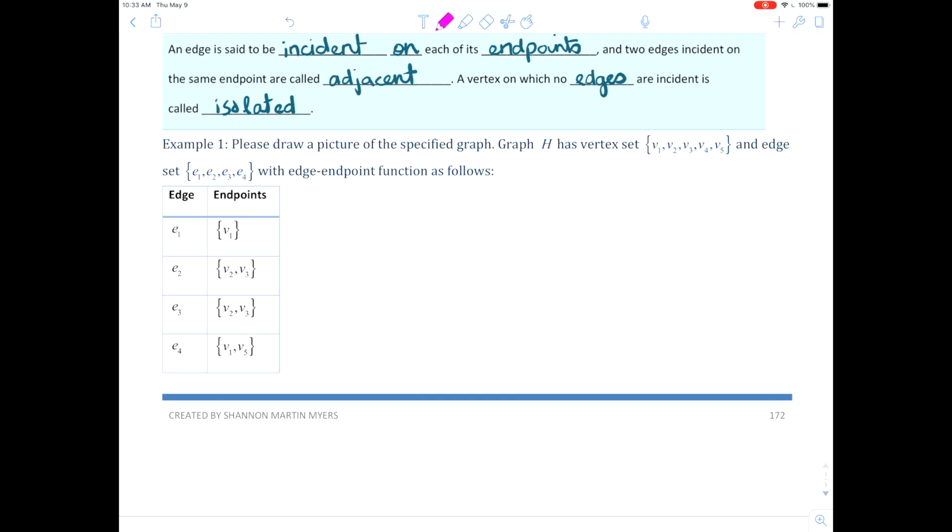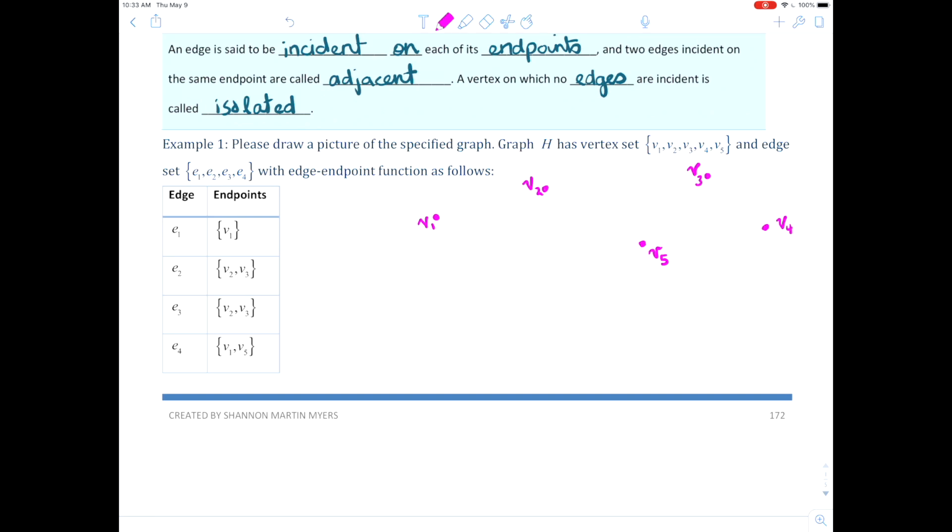I'll say 1, 2, 3, 4, 5. So if I have V1, V2, V3, V4, and V5, that is my set of vertices.